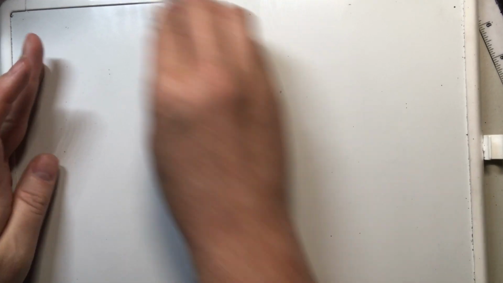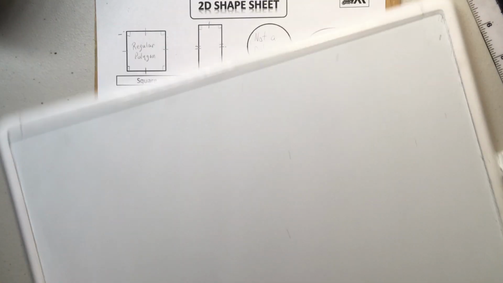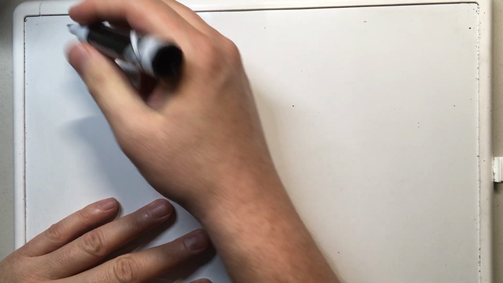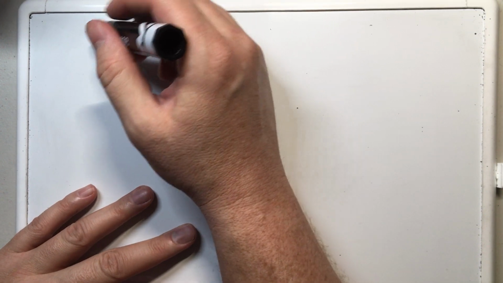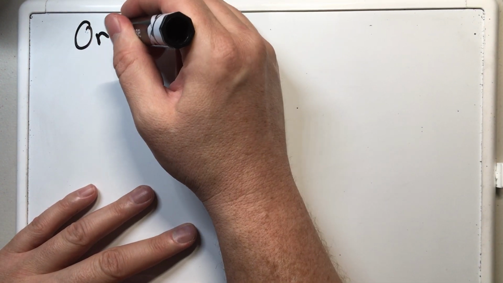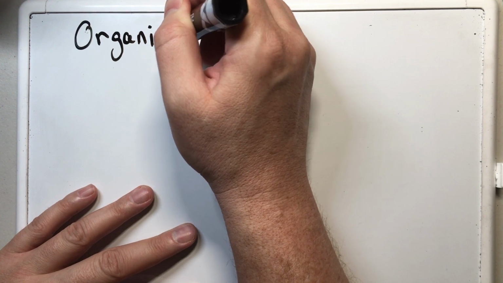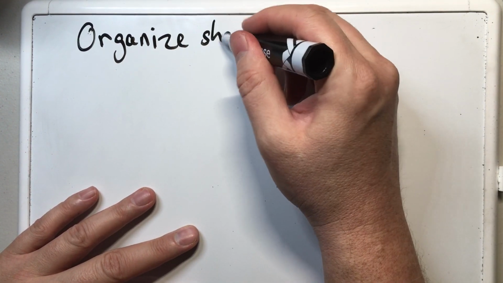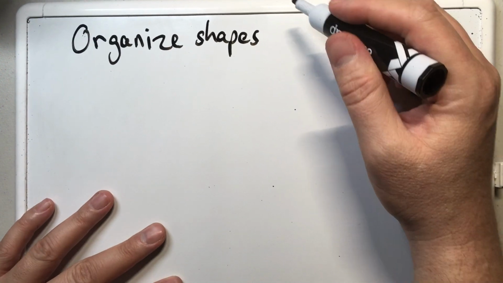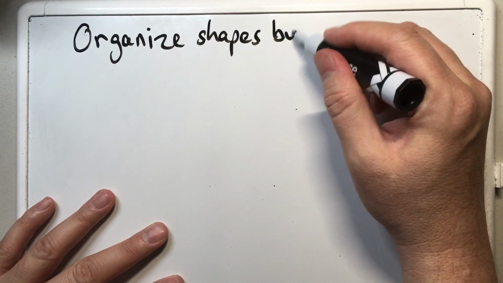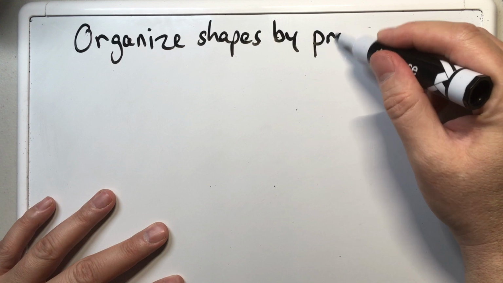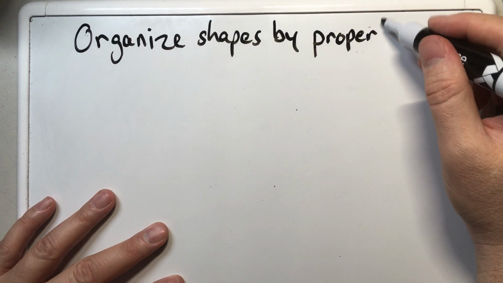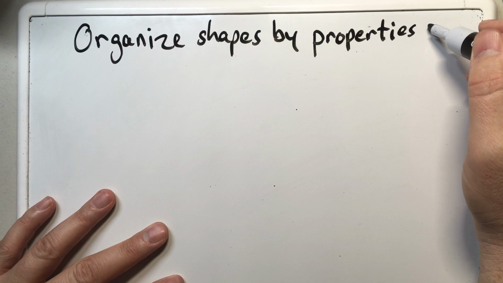Okay, the next thing that we're going to do is organize shapes by attributes as an activity, okay? And I'm going to show you what that means. Organize shapes by, and they're called 2 things, properties or attributes.